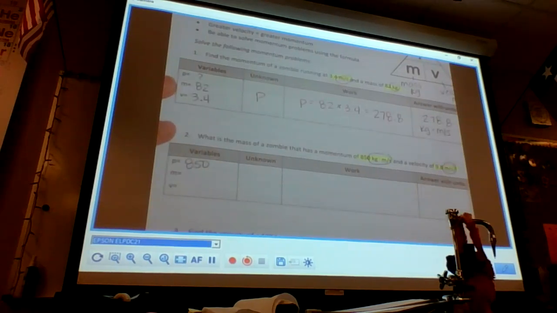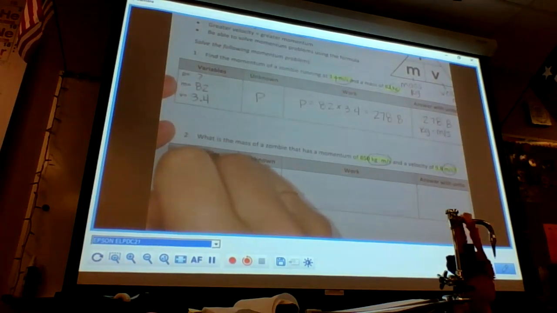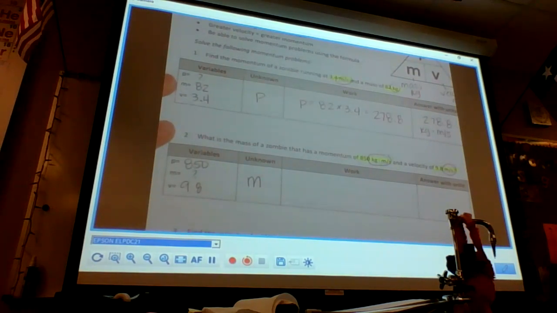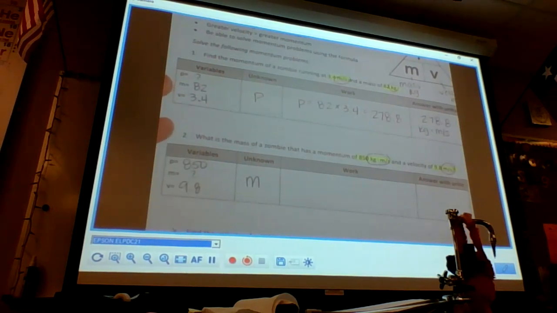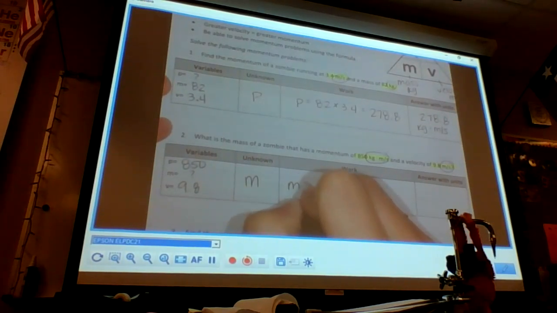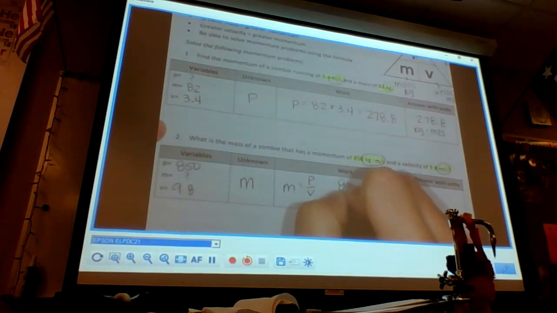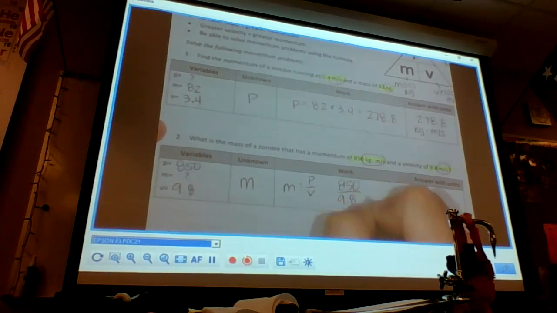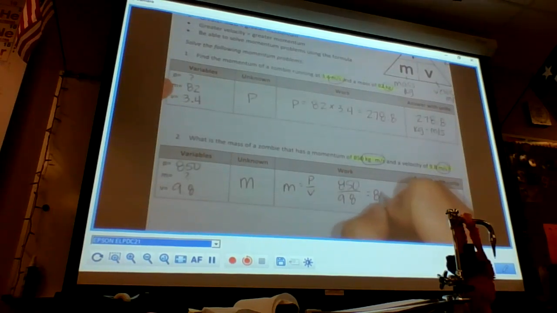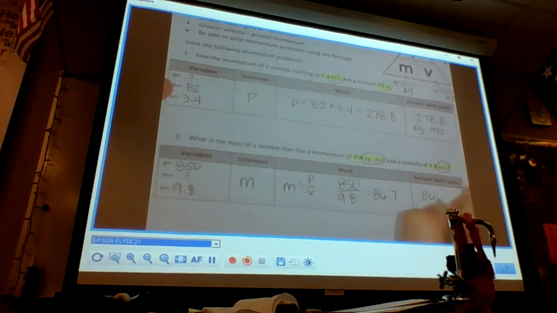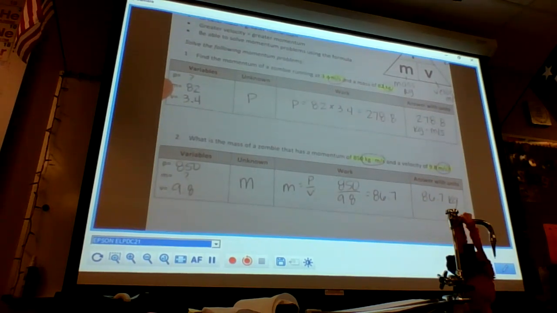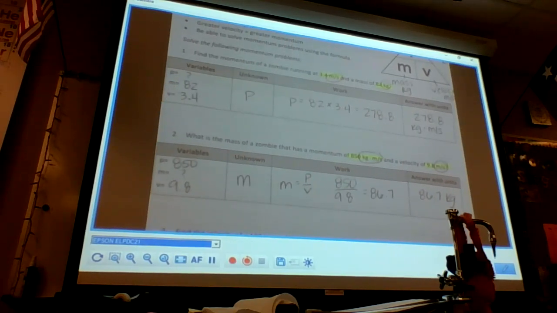That's velocity because of this unit here. What type of math do I do if I'm looking for M? Dividing. Divide. So M is going to end up equaling P divided by V. So 850 divided by 9.8. 86.7. And my unit is kilograms because I'm looking for mass.